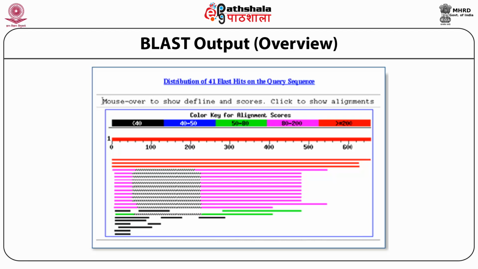But then if you look at the fourth, we see that the length of the match is now somewhat reduced. It's even less than 600, maybe around 550, and different parts of that output sequence are colored differently, and one of them is magenta, part of it is green, indicating that these are the segments matching at a score which is not that high.